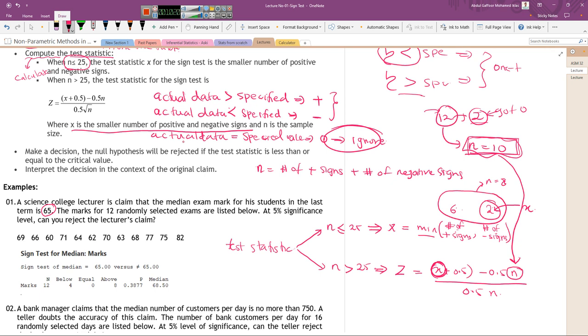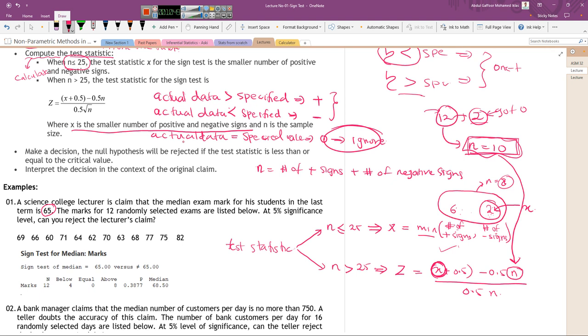We just ignore our zeros, so the sample size is the summation of positive signs and negative signs. Here in this case the sample size is 8, and x will be the lowest of the two numbers.